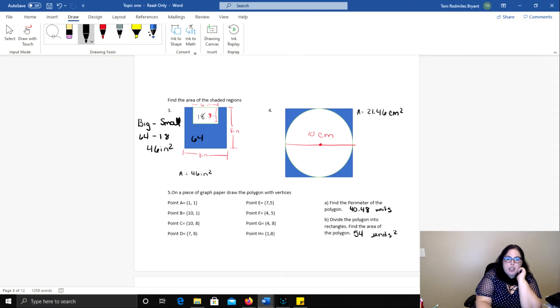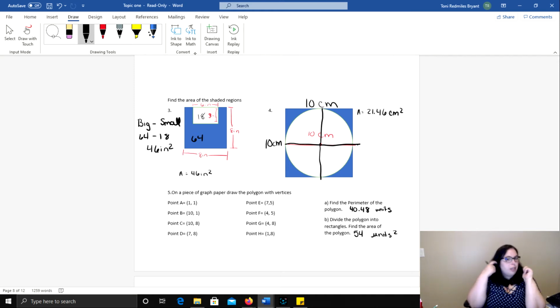In this one, it's a little bit different, but I know that this side has to equal this side. A circle can only fit inside a square because it has to be perfectly symmetrical. We can see that because if I were to draw a diameter this way, we could assume that it's the same as the diameter in this direction. So it would also be 10 centimeters, which corresponds with this side, which is 10 centimeters. The big shape, the square, would be 10 times 10, which is 100.